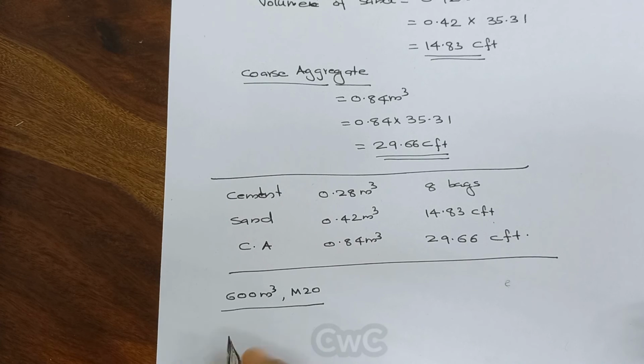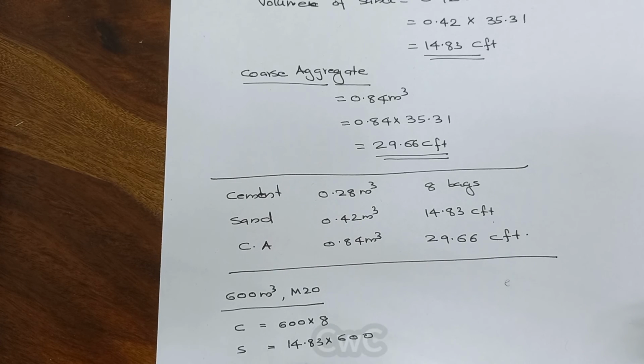Like cement is equal to 600 into 8, sand is equal to 14.83 into 600, coarse aggregate is 29.66 into 600.